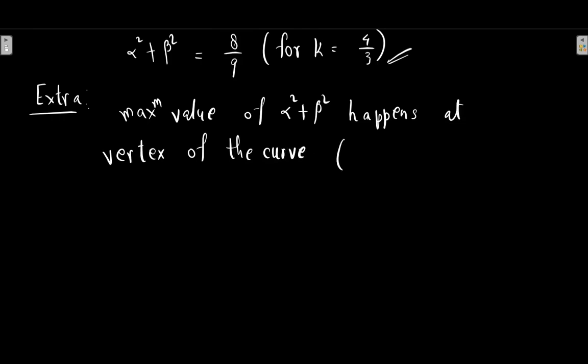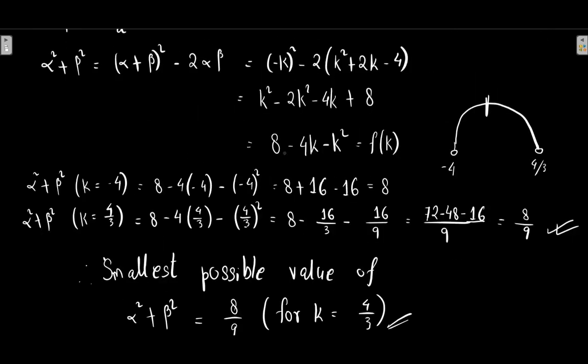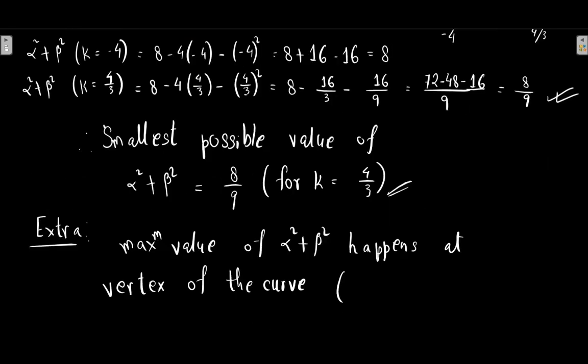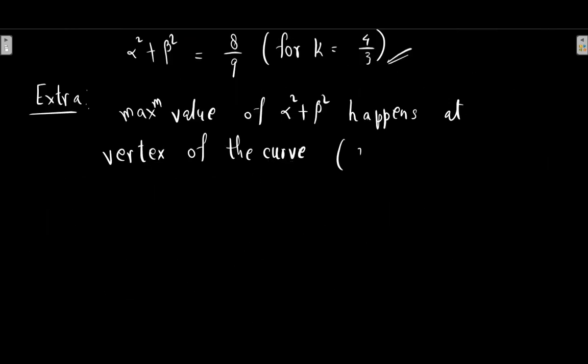Okay, and the curve in our case was this 8 minus 4k minus k square. If we compare this curve again with the standard form, we get a equal to -1, b equal to -4. This is a quadratic in terms of k, right? So the coefficient of k square is -1, the coefficient of k is -4, and c is +8.